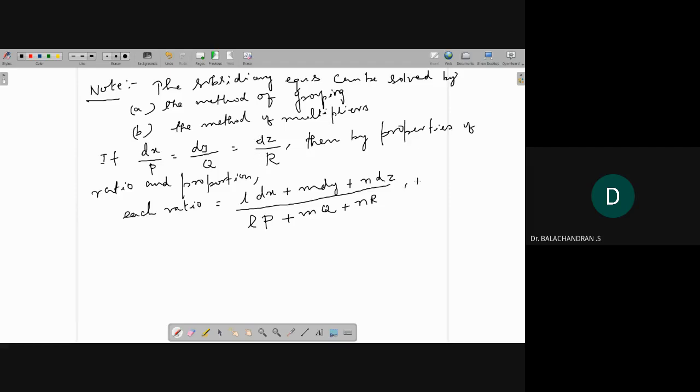Here l, m, n may be constants, or functions of x and y, or functions of x, y, z.